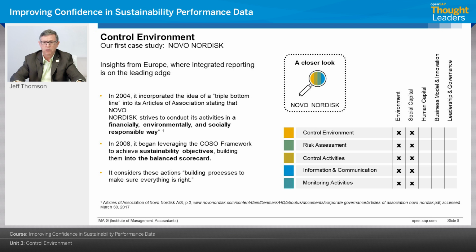A very well-regarded company. Now, before I summarize this case study within the control environment, if you look at the columns to the far right, these are how we define sustainability information. Remember, this whole Open SAP Thought Leaders series is about how the COSO internal controls framework applies to sustainability information, realizing that there are many definitions out there.